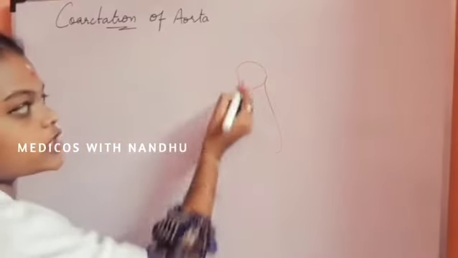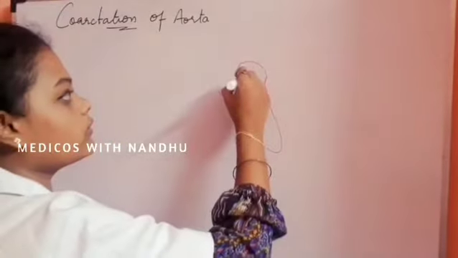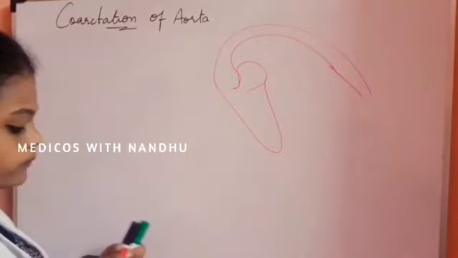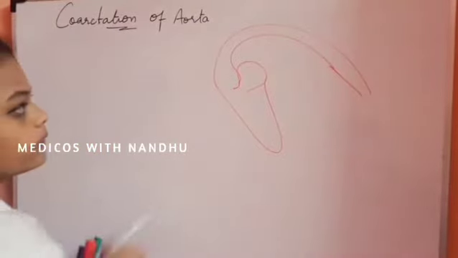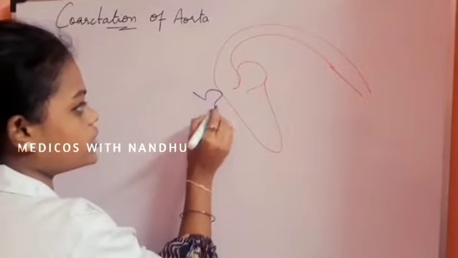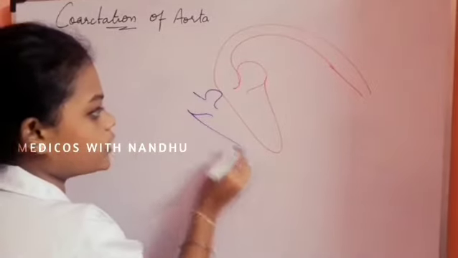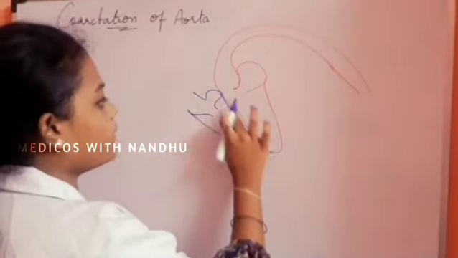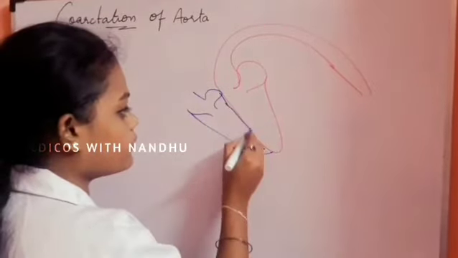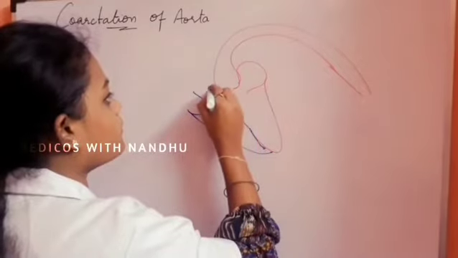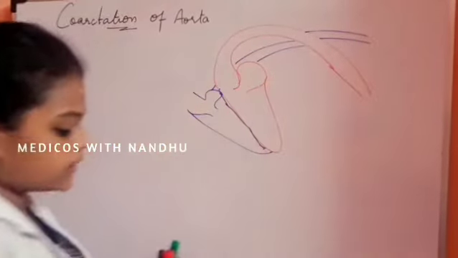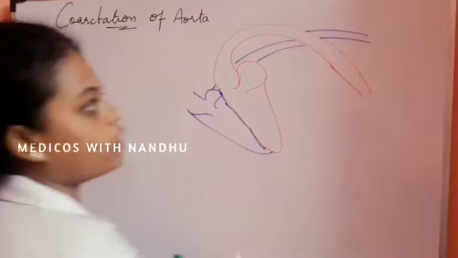Left atrium, left ventricle, aorta, it is present here. Right atrium, right ventricle, and the pulmonary artery, which connects to the lung for oxygenation.